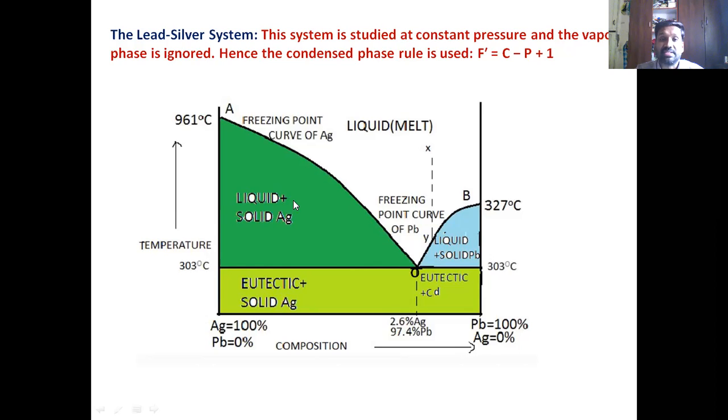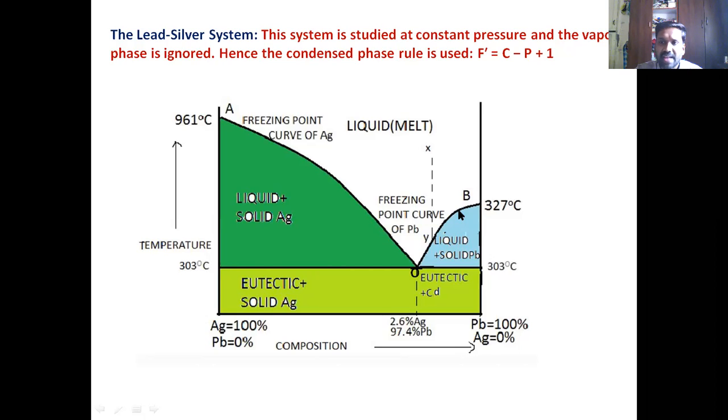It has two phases, liquid and solid Ag. Okay. A similar thing happens here. As you cool a melt which is enriched in lead, for example, I have taken 90% lead now and 10% silver. So the melting point is somewhere here. When you melt, it forms a homogeneous liquid melt.